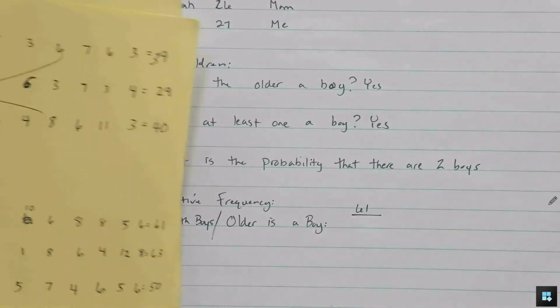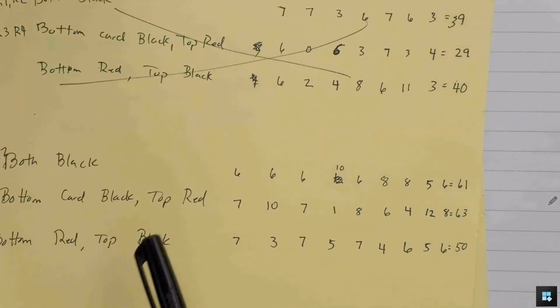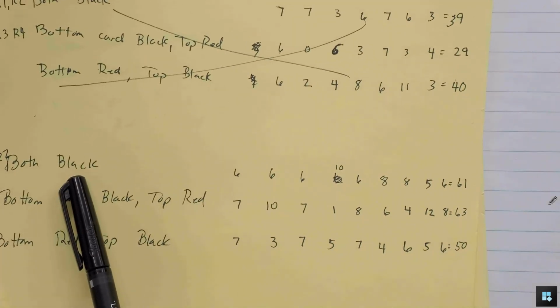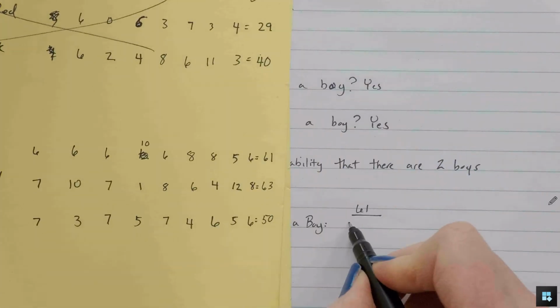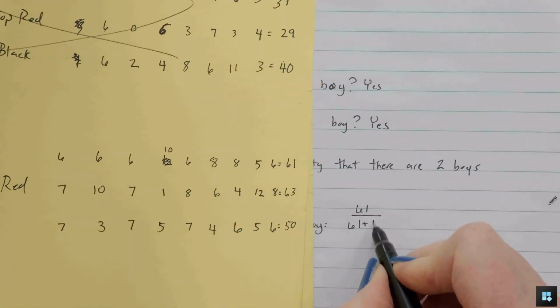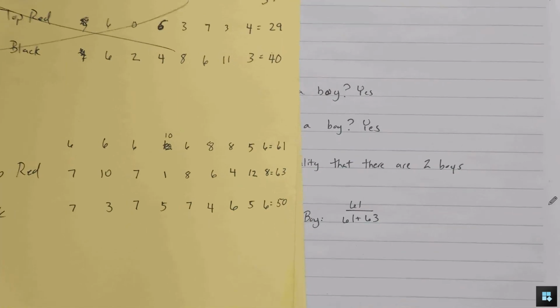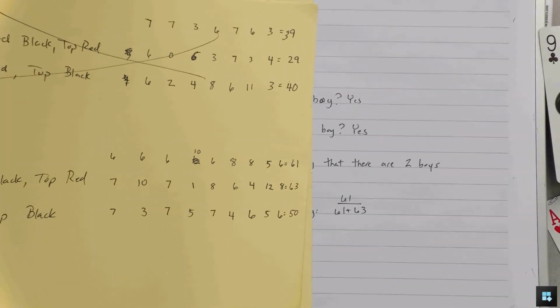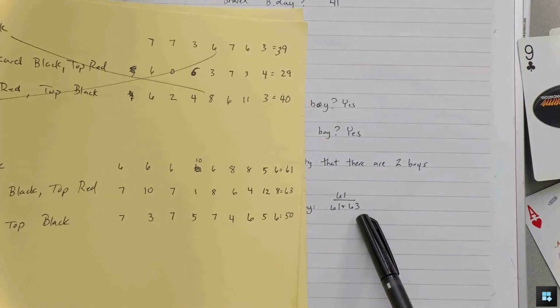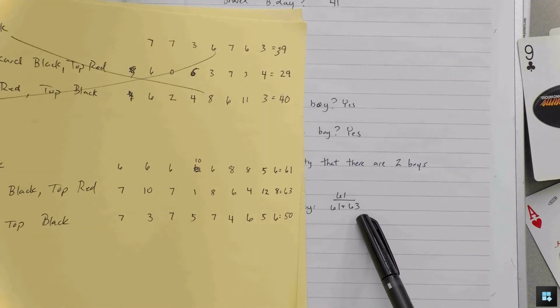That was the ones that were both black. And the older was a boy. That's in the 61 because those were both black. And it's also where the bottom card is black, so 63. So where they were both black, that had the older one being a boy. And where the bottom card was black, that had the older one being a boy.